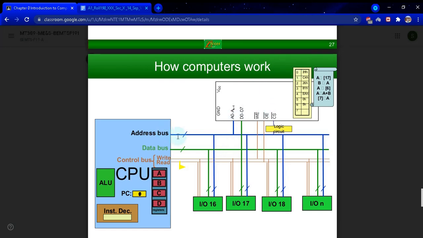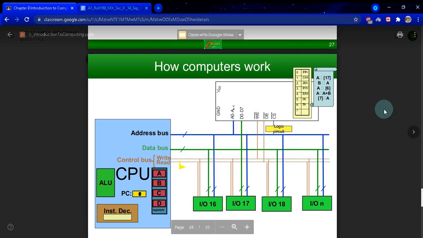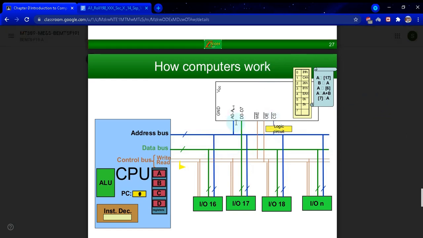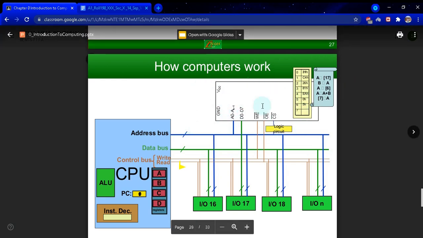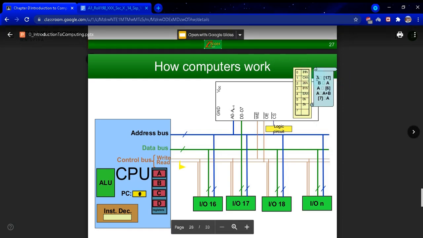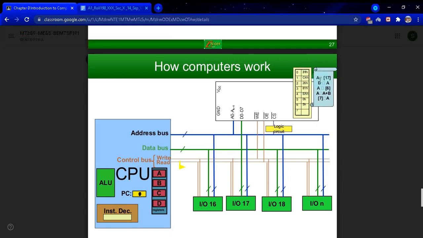Now, if we see the address bus, it is connected to this part. Here we can see a register, here a logic circuit, and here the memory, and these are some commands.